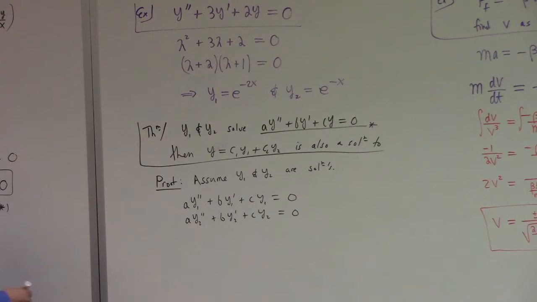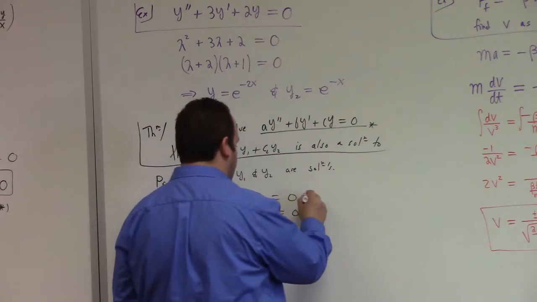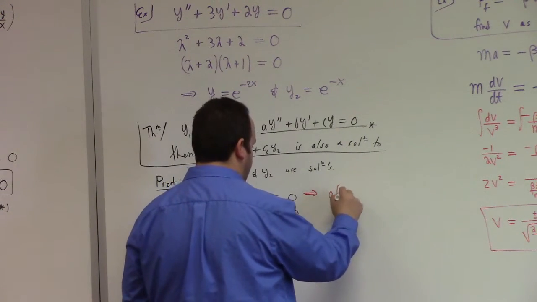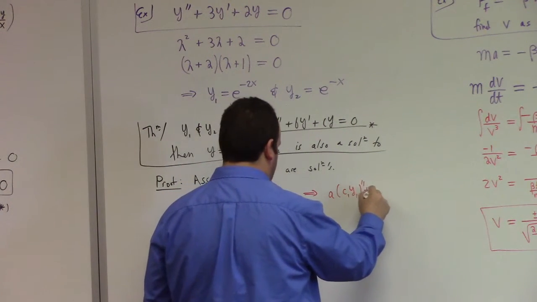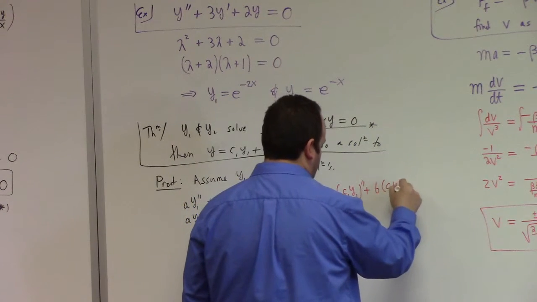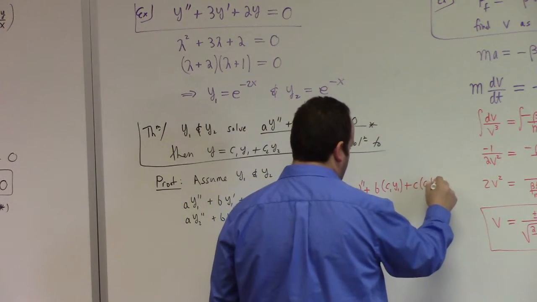So then it's pretty simple. Multiply the first equation by c1, and we get a times c1 y1 prime prime plus b times c1 y1 prime plus c times c1 y1 equals 0.